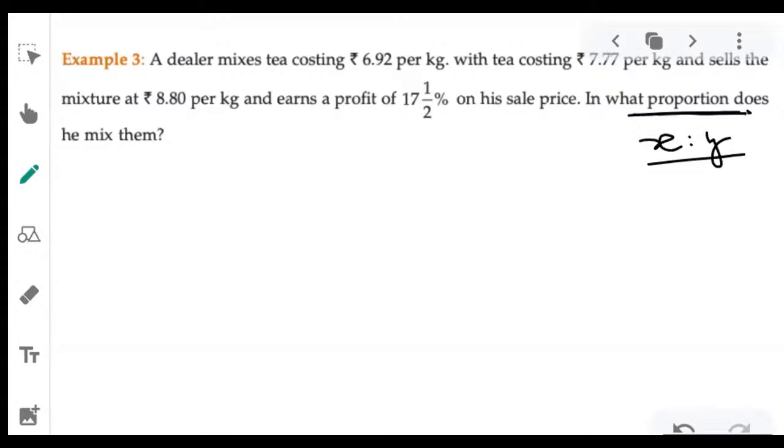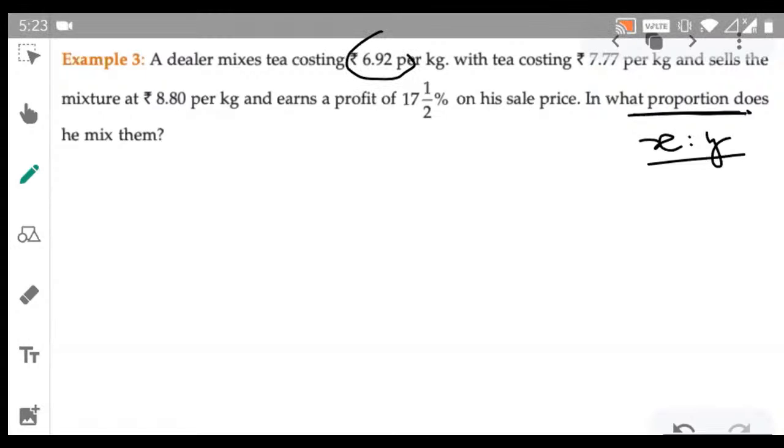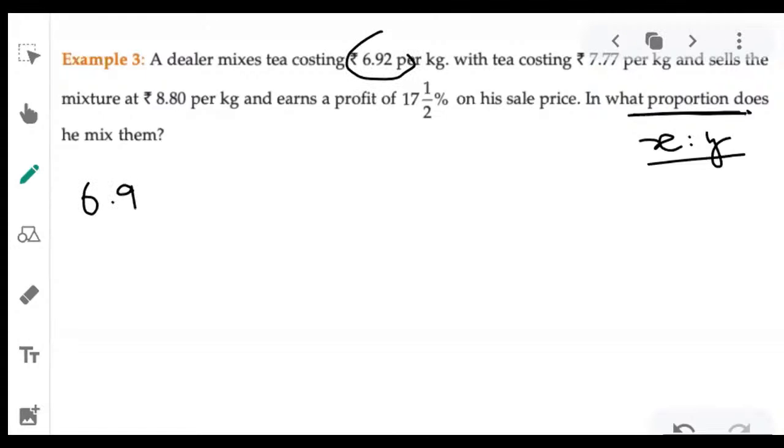So what is the condition that he gave me? The first type of tea, x, costs 6.92 per kg.